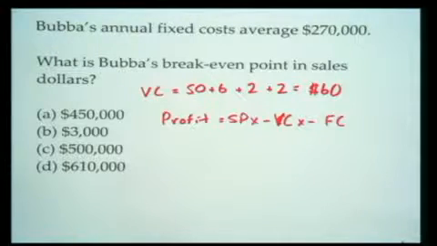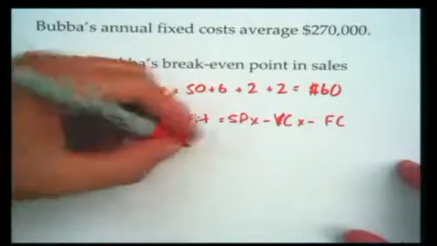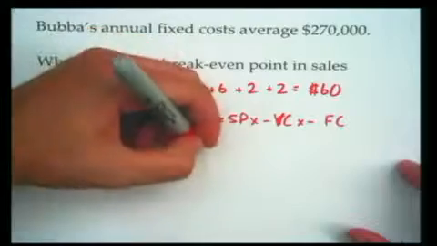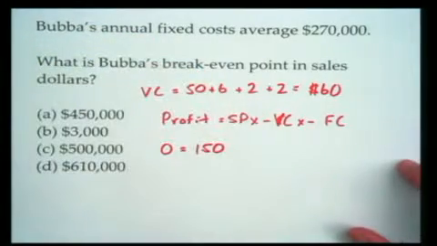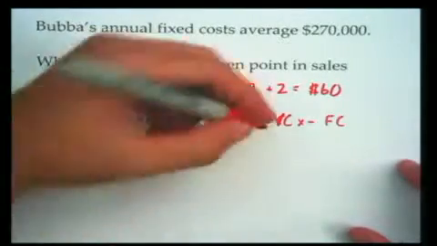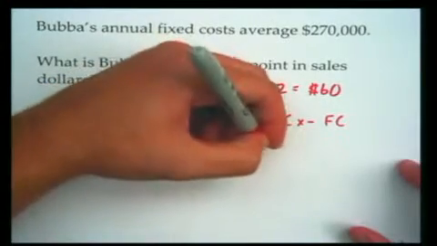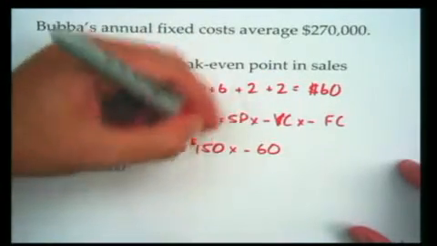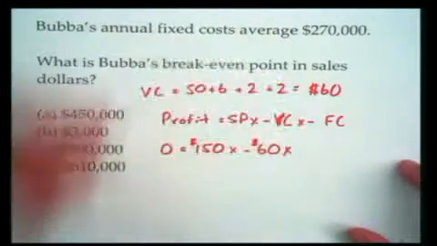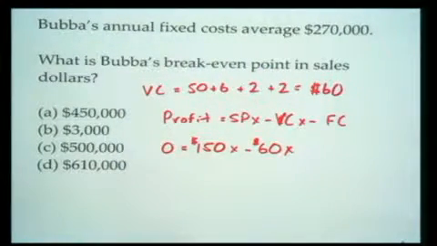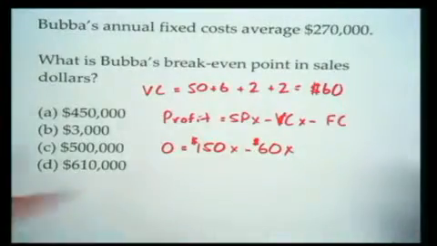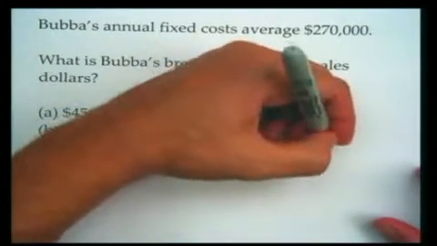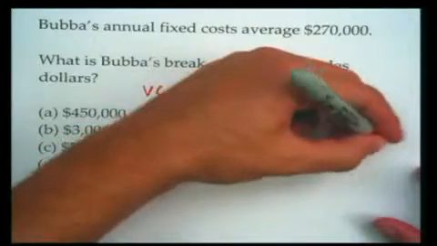So let's go through this. The profit is $0 equals the selling price, which is $150 a pop, times the number of units, minus $60 times X, the variable cost per unit we just figured out, minus the fixed costs, which we were told are $270,000.